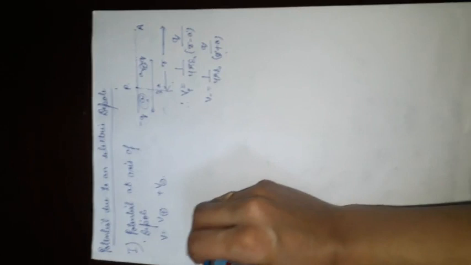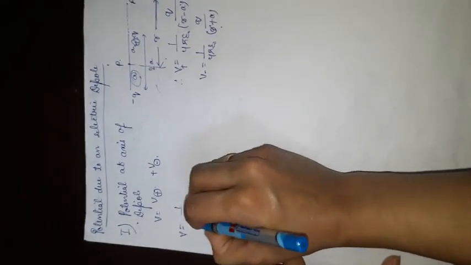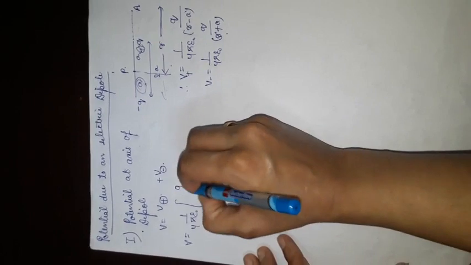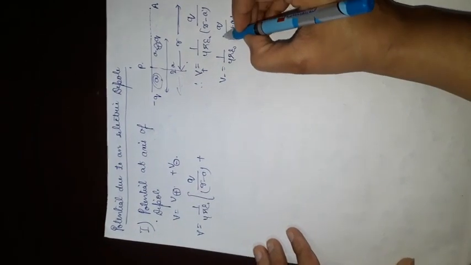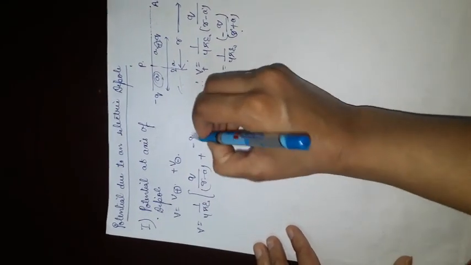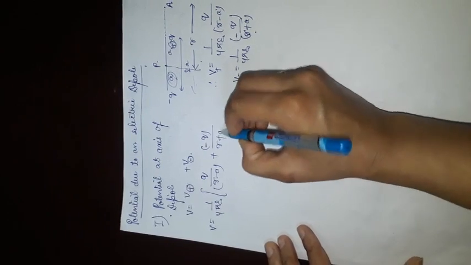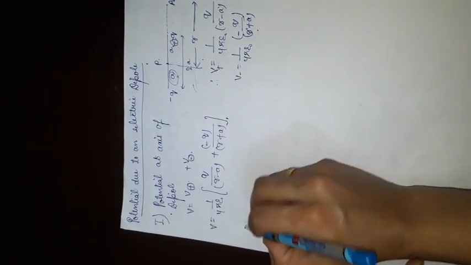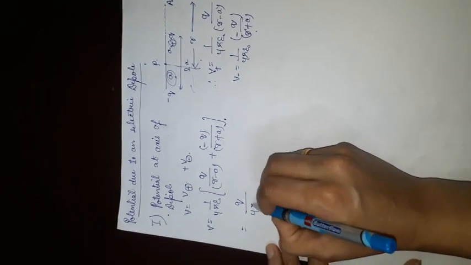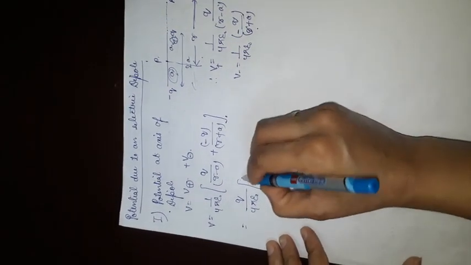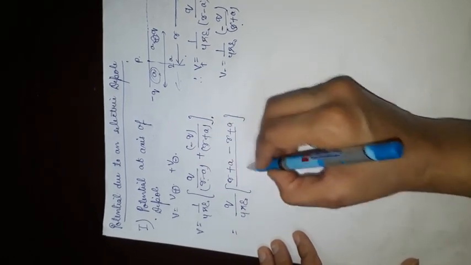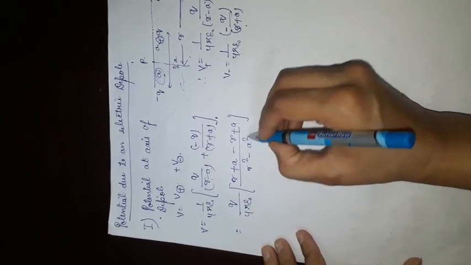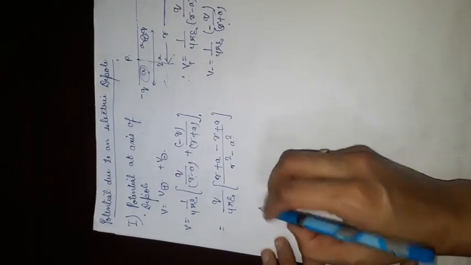So we will put this value and we will find 1 over 4 pi epsilon naught Q over R minus A plus, here is minus Q charge, minus Q over R plus A. Mathematically we will solve. R plus A minus R plus A, so R square minus A square by using this formula.